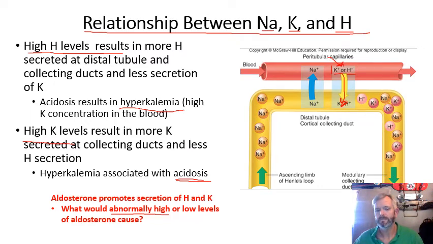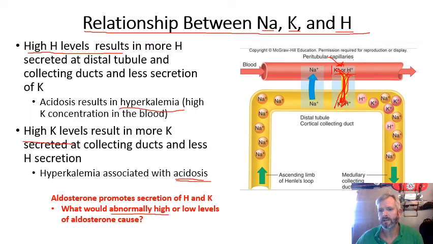If I say I have a tumor in my adrenal gland that's constantly secreting aldosterone, what's going to be the levels of this in my blood? It's going to ramp up the secretion. Normally I have a set amount of aldosterone, so I keep this relatively within a certain range, but now that increased aldosterone is causing massive secretion of these, and what's going to happen?